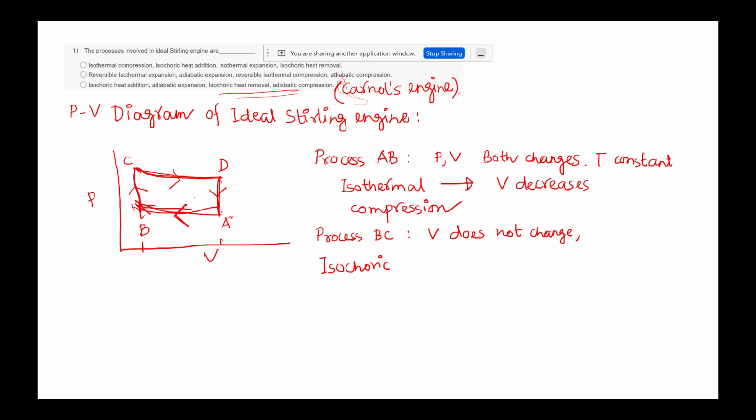From these, how can you tell which has higher temperature? Obviously this one, right? Because as temperature increases, the isotherms tend to go higher and higher, because PV is proportional to RT. So as T increases, the product of P and V also increases. If this is T1 and this is T2, according to these isotherms, T1 is greater than T2. So this will be isochoric heat addition.